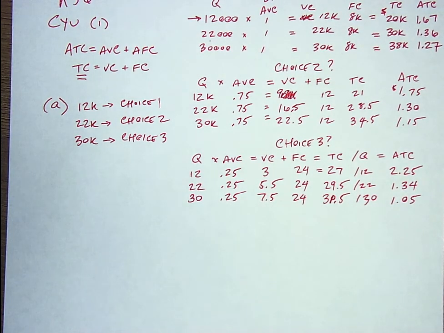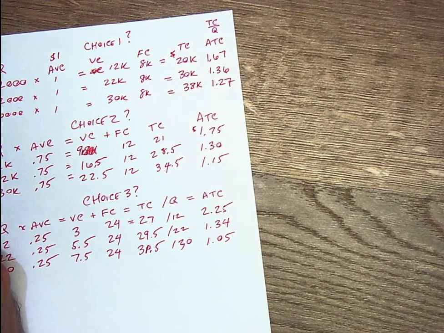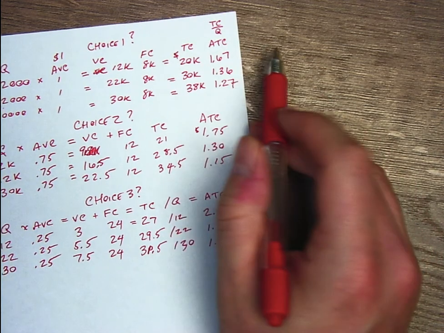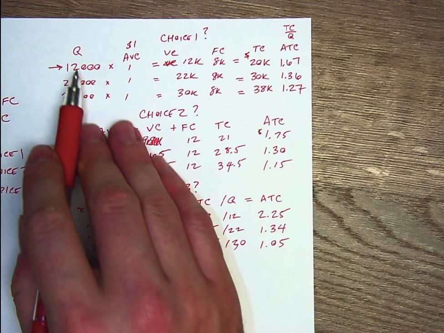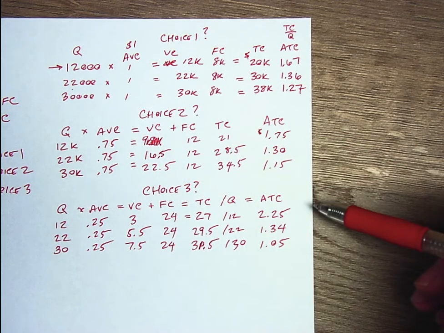Suppose the firm, which has historically produced 12,000 units, experiences a sharp permanent increase in demand that leads it to produce 22,000. Explain how its ATC will change in the short run and the long run. Initially, because they were originally producing 12,000, they would be at choice 1 with the lowest ATC value.